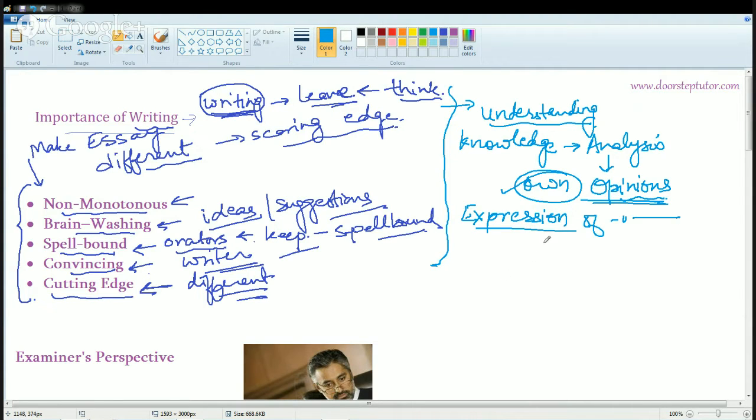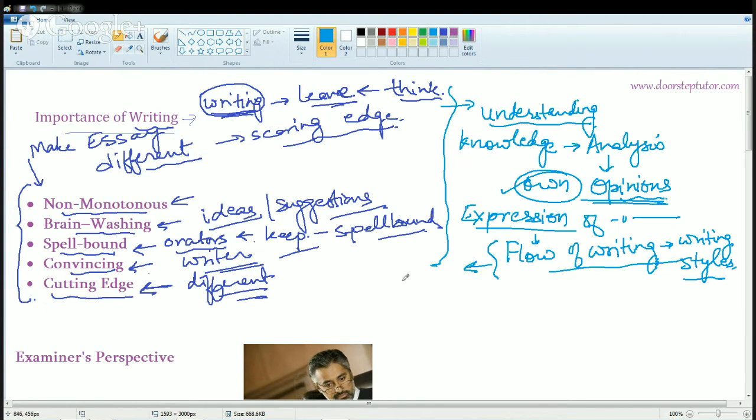Once you are able to express the opinions, you must create a proper flow of writing. And that flow of writing, or the writing style, governs how much you will score in an essay as compared to your colleagues. So this is the basic fundamental that you must follow while writing an essay.